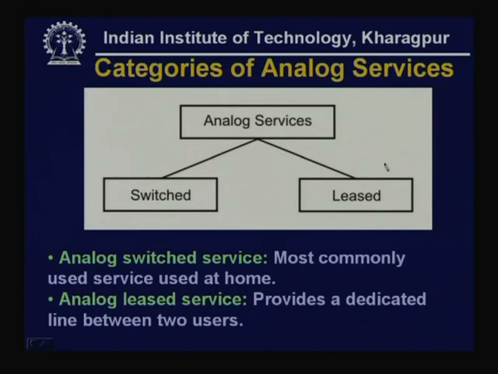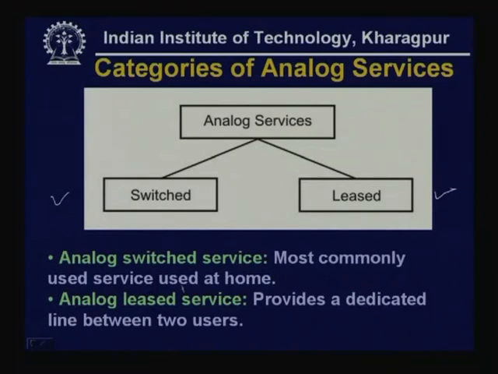The analog services have two different types of services. One is known as analog switch service and another is analog lease service. Analog switch service is the most commonly used service that we use at home.